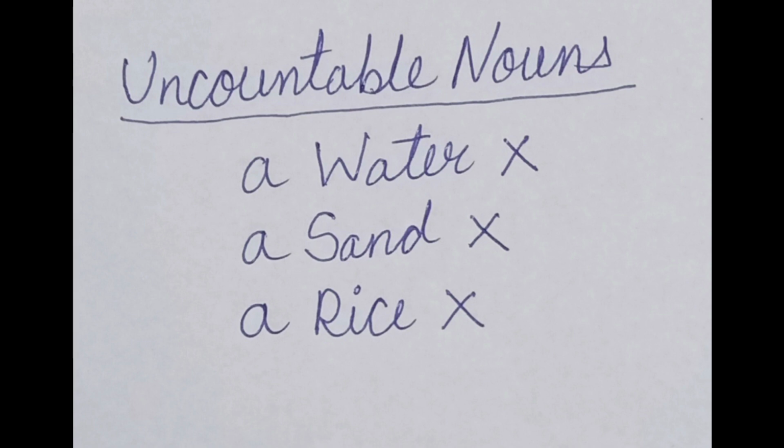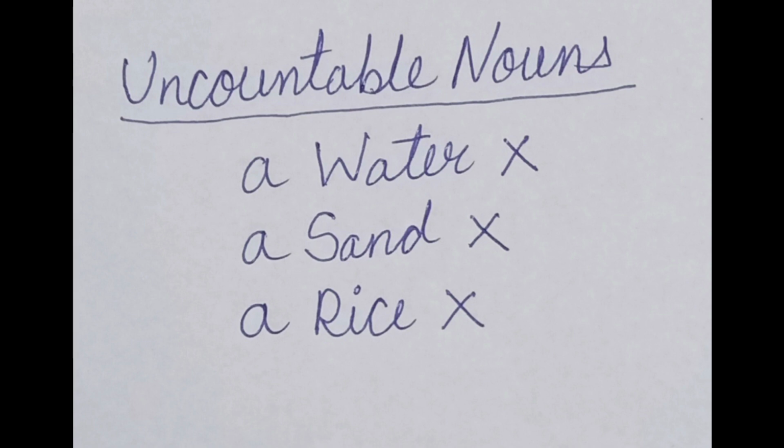It means that the particular noun is one in number. That's why we do not use a and an with uncountable nouns because we cannot count uncountable nouns in numbers. So if we say a water, water is an uncountable noun, so it will be incorrect.